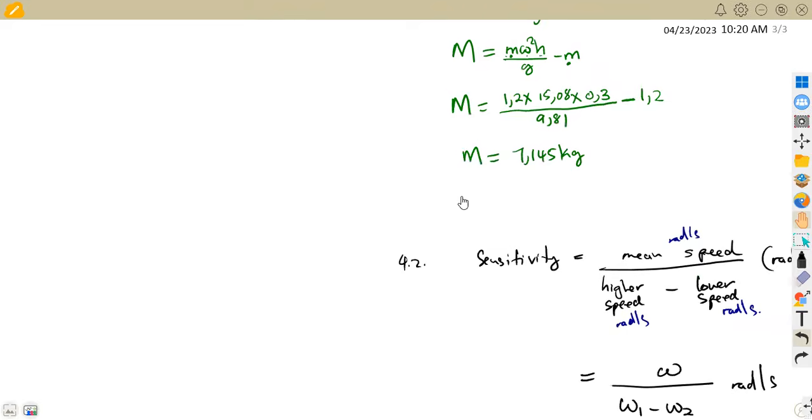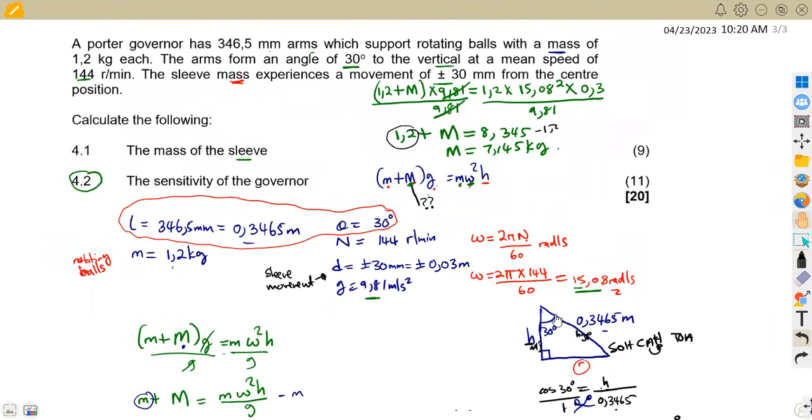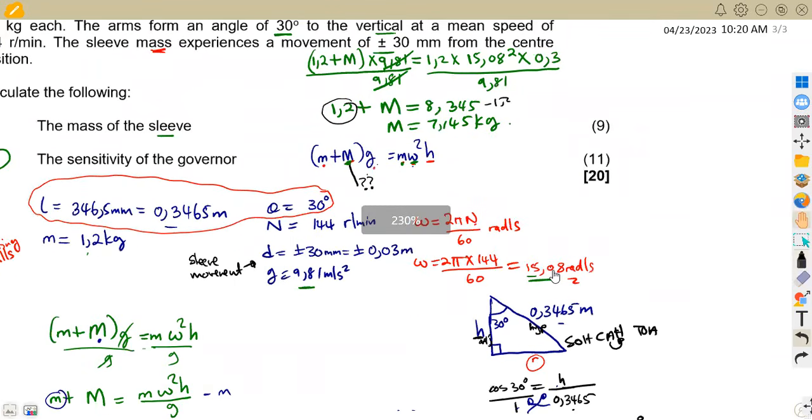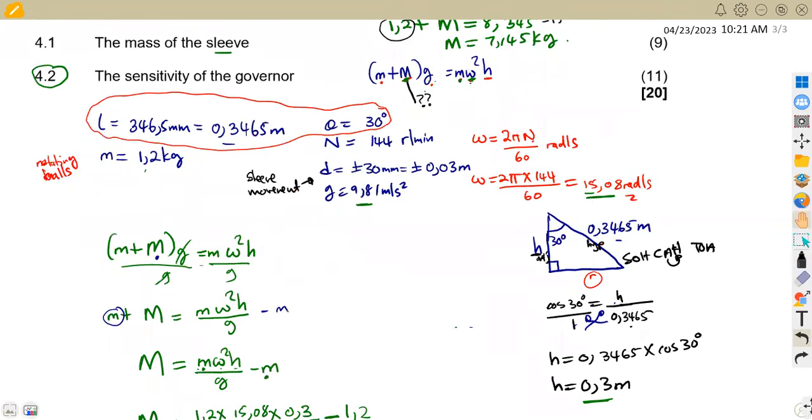Okay, I'm supposed to go up. All right. From the n that we had here, we ended up having our omega. So this is your omega here, which is 15.08. But now we need H1 and H2. That is in this case to help us to calculate omega. Still on this formula, we are still going back to this formula. So from this formula, I want us to just make omega the subject in this case.